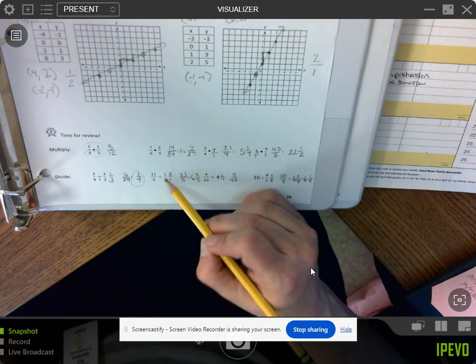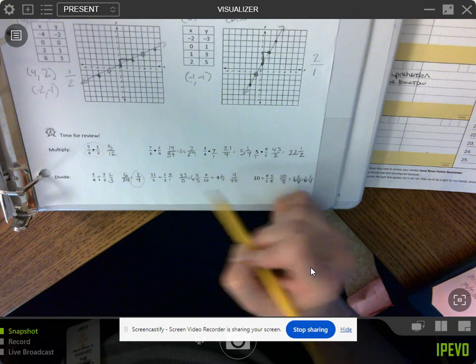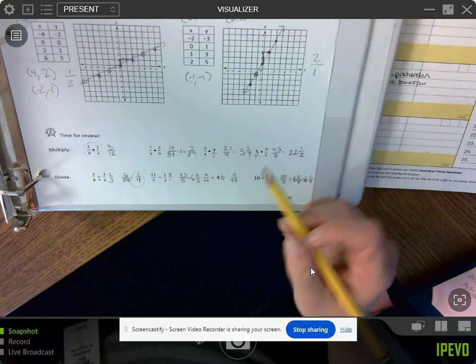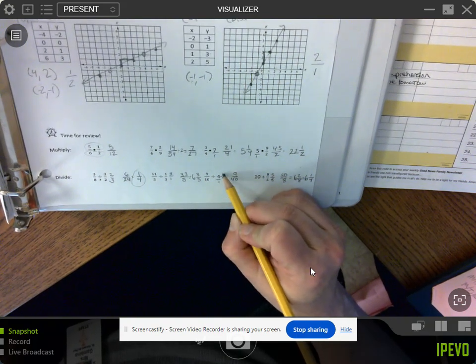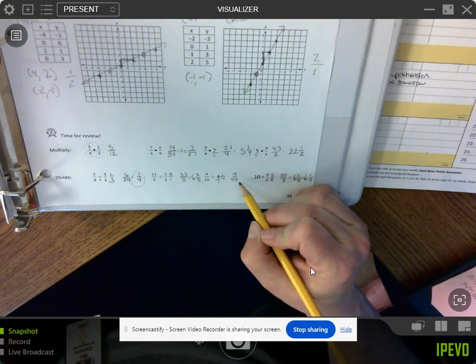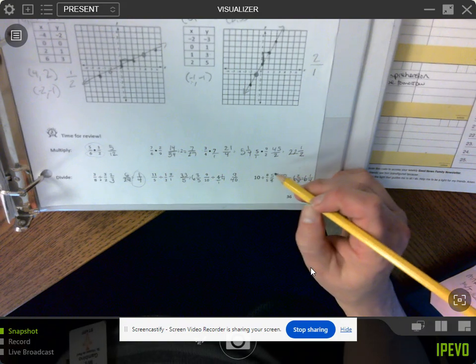My next one, I flip to 3/1, so I can multiply across. I get 33/5, which is also 6 3/5. Then I have 4/1. Its reciprocal would be 1/4. So it becomes 9/40. That's as simple as it gets.